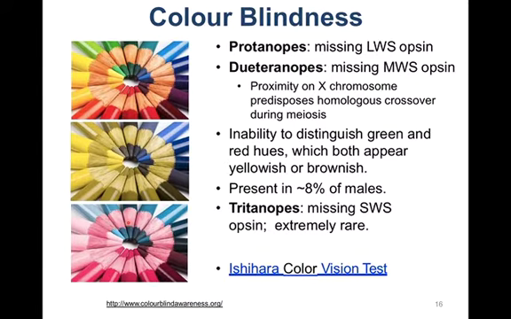So it's the blue cones that are impacted because the short wavelength sensitive opsin is absent, and so lots of reds and pinks and maybe browns and shades of blue, but losing out on the distinction specifically between the greens and yellows and reds. Because you only have two opsins left, which are the medium wavelength and long wavelength, respectively.